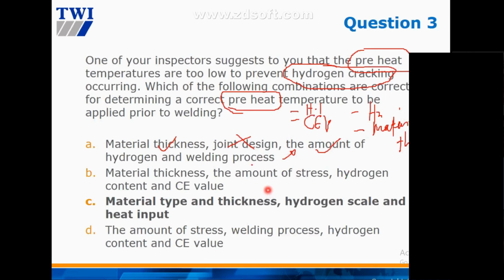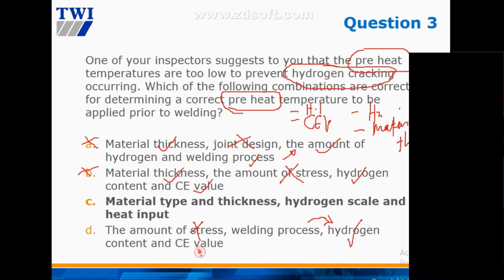Should be okay. B, thickness, correct. Amount of stress is not a factor for preheat. Hydrogen content, yes. Carbon equivalent, yes. But since we got one answer wrong under B, that's why B is wrong, A is wrong. How about D, amount of stress? That's wrong. Welding process, if it's related to hydrogen content, then okay.